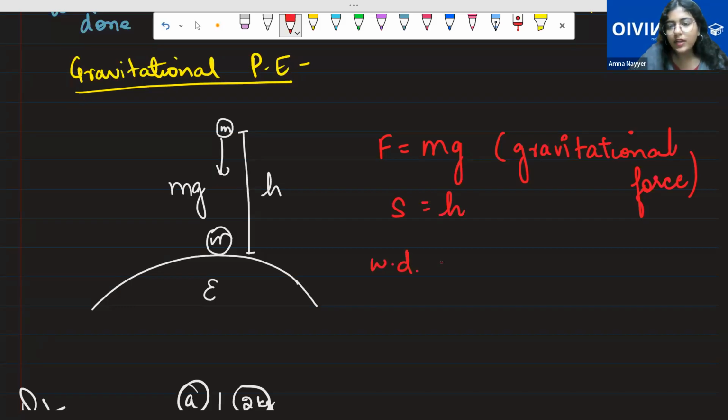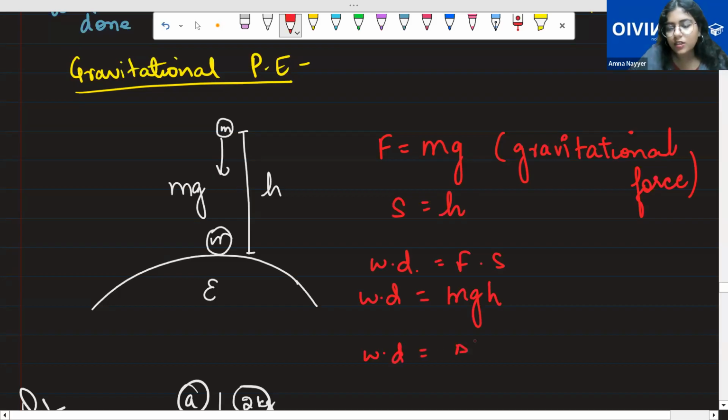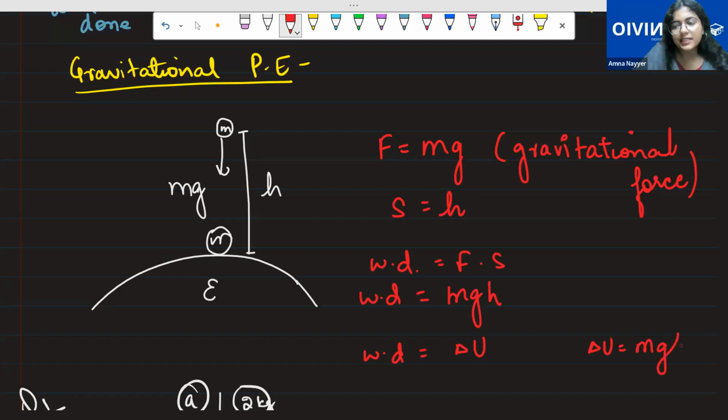So work done, we know, is F into S, that is mg into h. According to the theorem that we studied, work done is equal to the change in potential energy. So the change in potential energy is basically mgh. This is just one specific case that we studied.